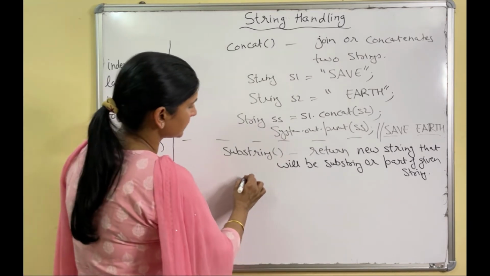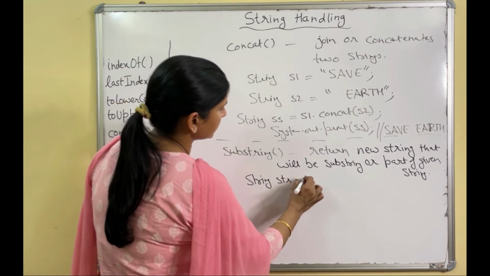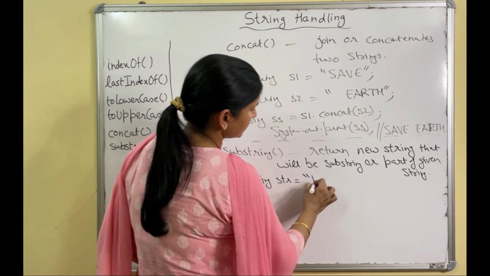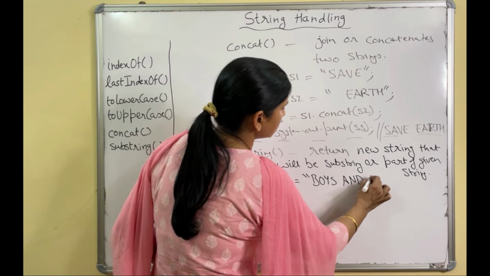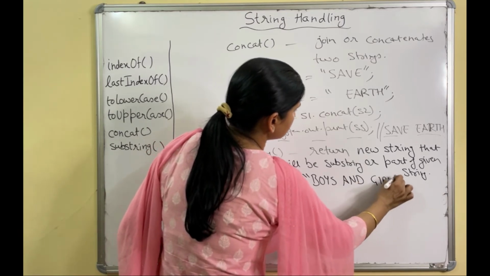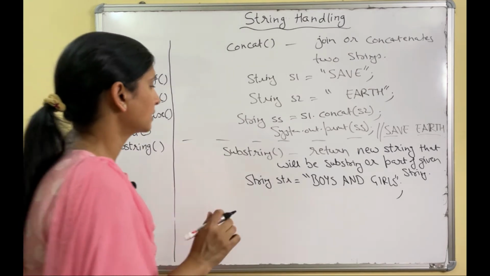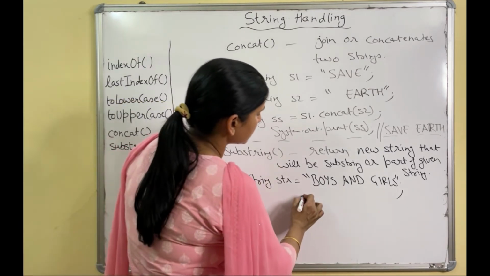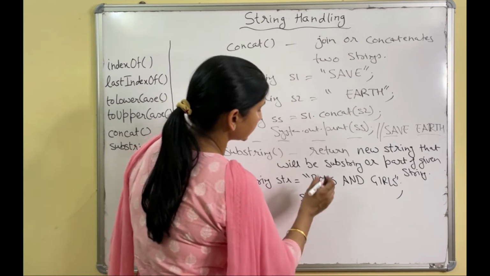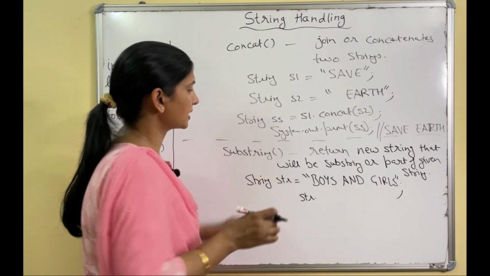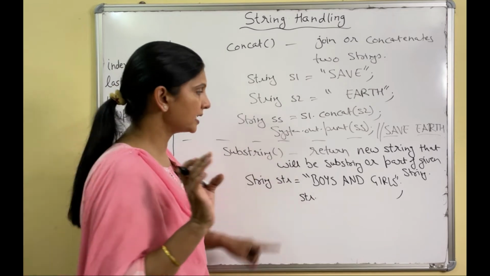So it will return a substring from the given string, or part of the given string. For example, string str. Here I am taking a string, let it be boys and girls. So this is a string, I want its subpart. So I will use substring for that. In substring, if you are passing one argument, that will be only the start index.